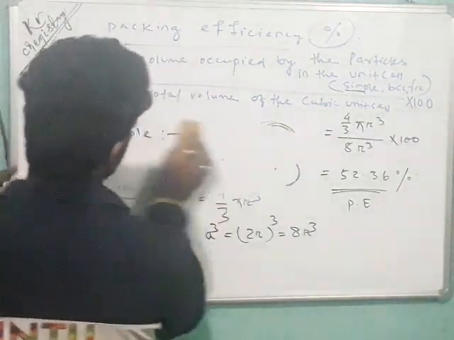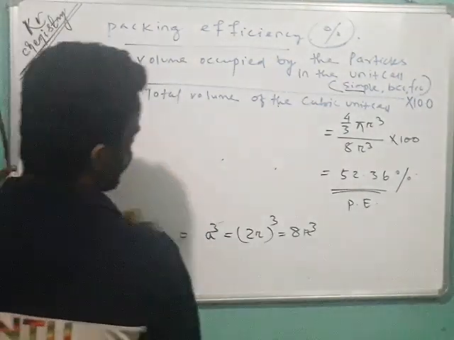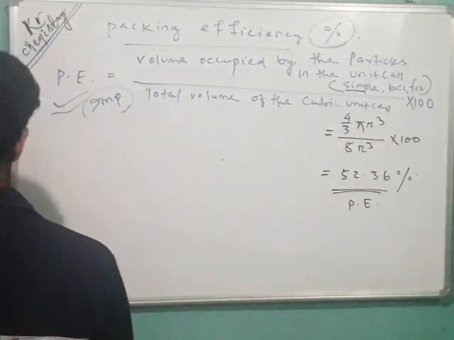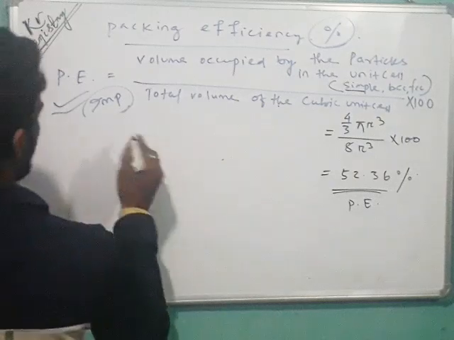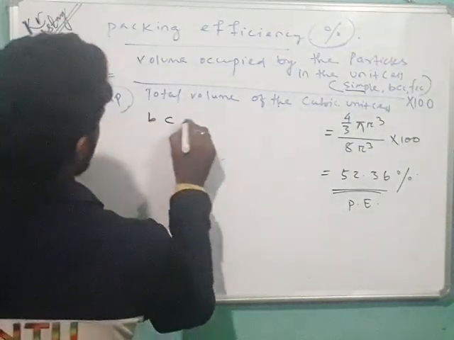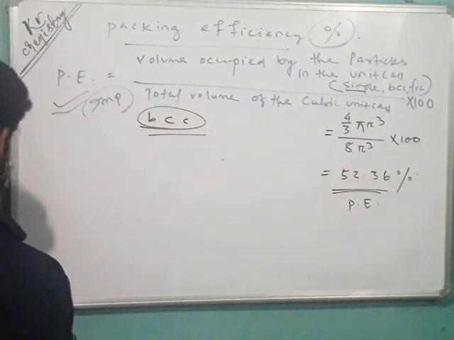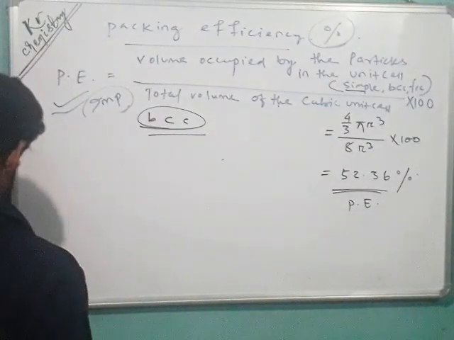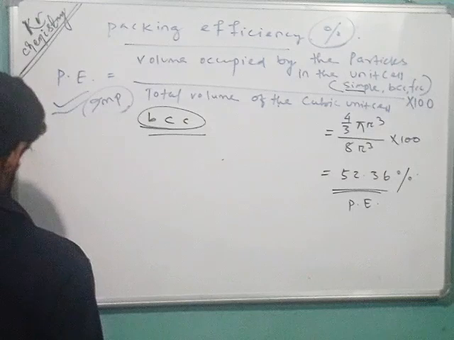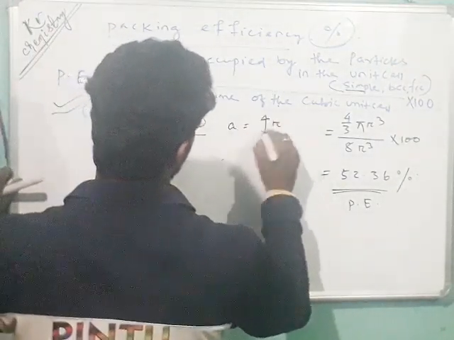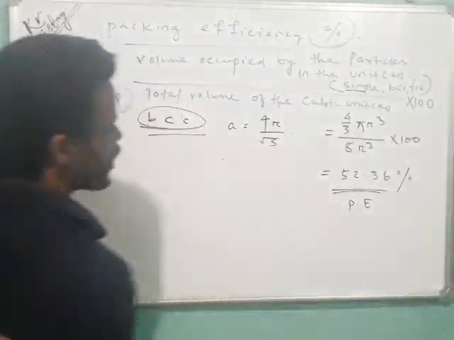Like this, you can calculate the packing efficiency value for body centered cubic crystal. Remember, for body centered cubic crystal, the value of a is equal to 4r by root 3.